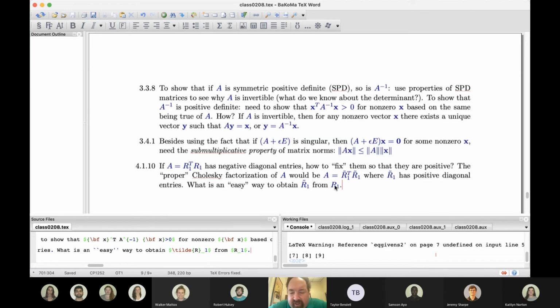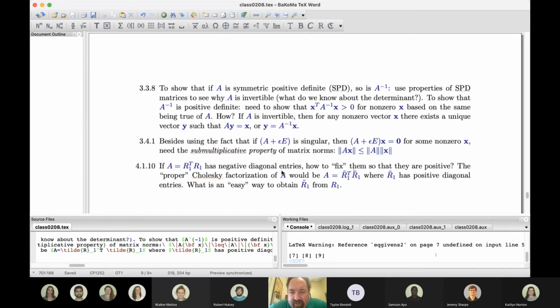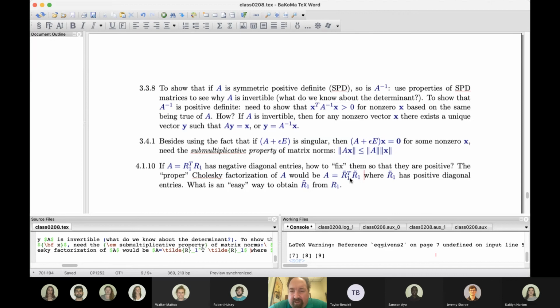And there are all different kinds of ways of transforming matrices, like multiplying them by something, in such a way that this equation you're given is still the case. So you want to do something to R1 that would preserve this equation. What would that be?